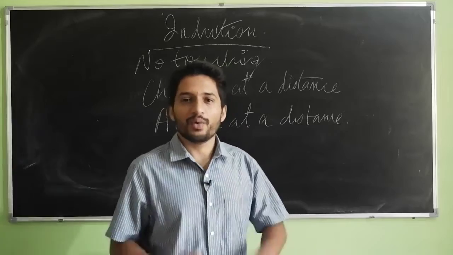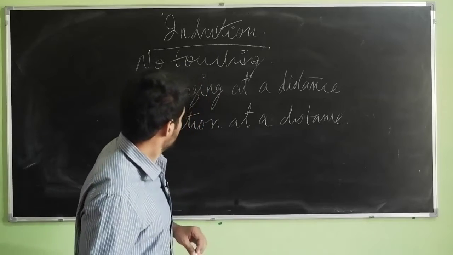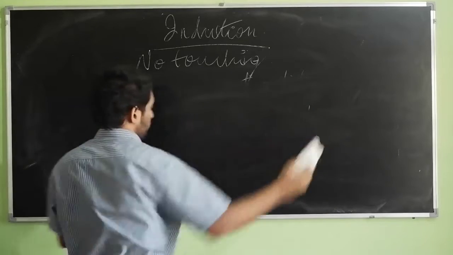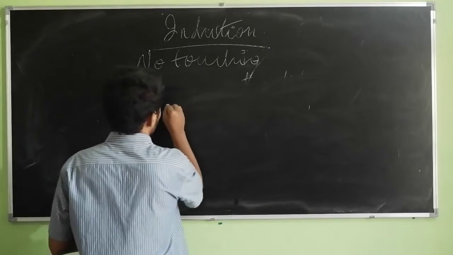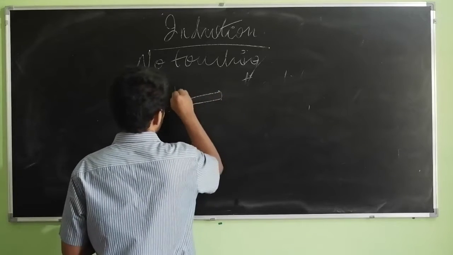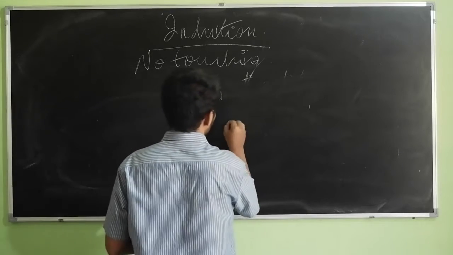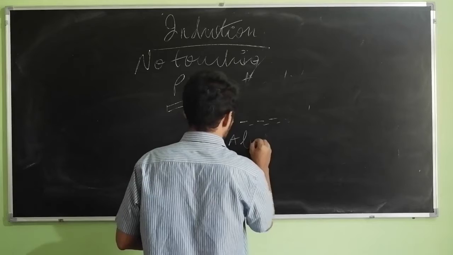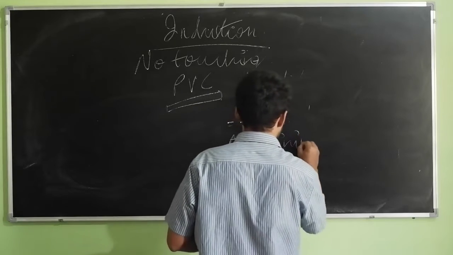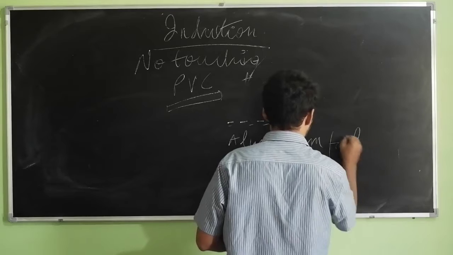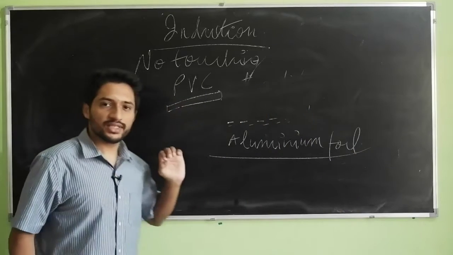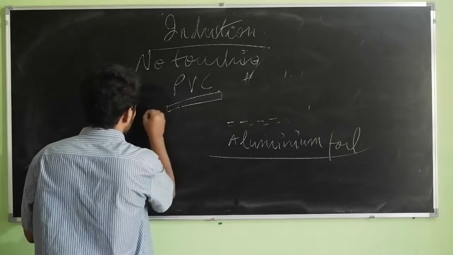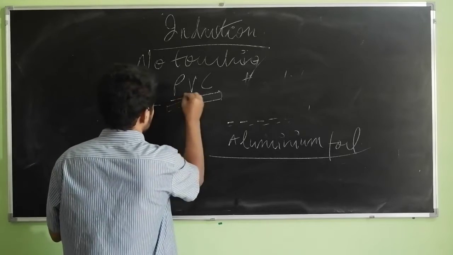Now let's see figuratively what we saw here. We had a PVC and aluminium foils. PVC, as we know, is negatively charged.